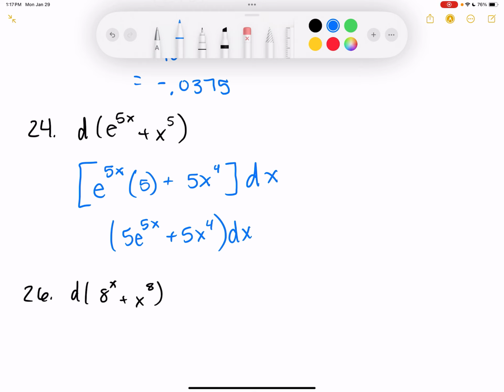If there was something more than just an x in the exponent, then yeah. Phone a friend.